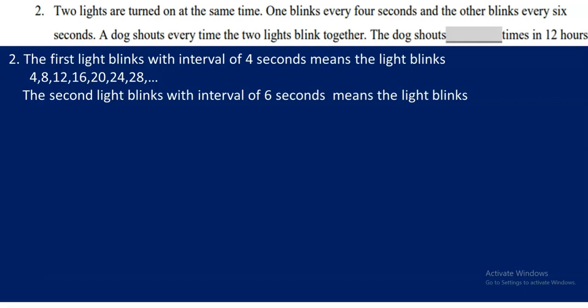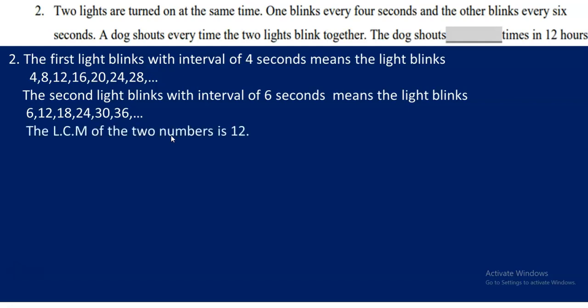This means the light blinks at 6, 12, 18, 24, 30, 36, etc. So now let's take the common intersection of the 2, because it is at the intersection of the 2 that the dog is shouting.